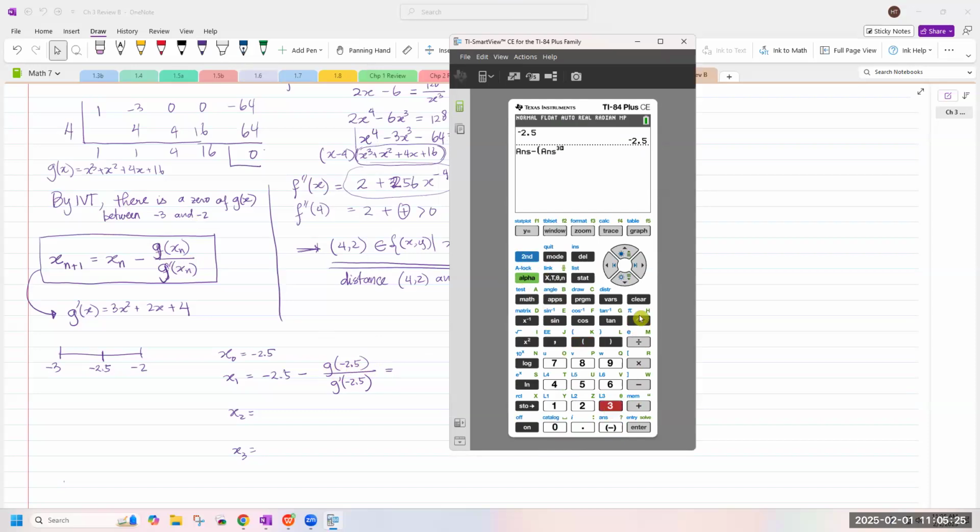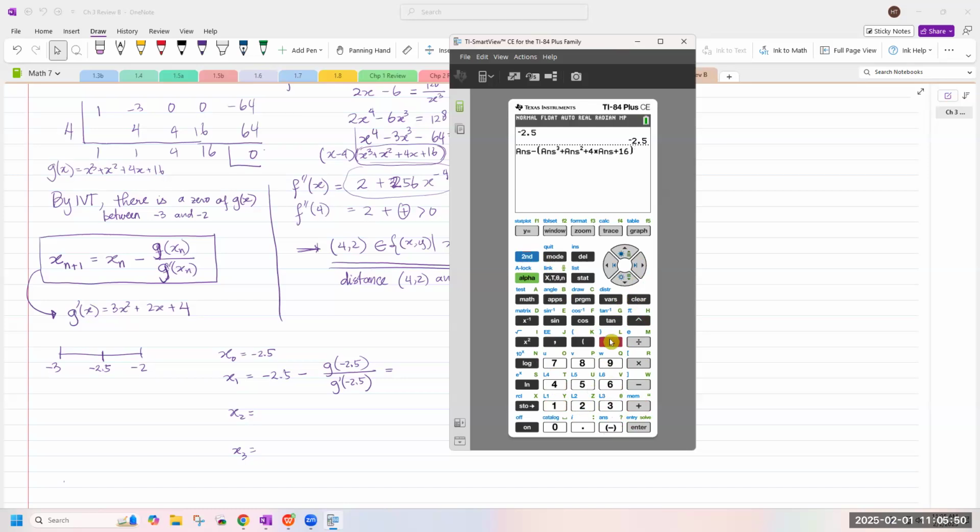Okay, that's my g(x), right? Plus whatever that answer squared. Oh, I have the square here. And then plus 4x, 4 times that answer, plus 16.